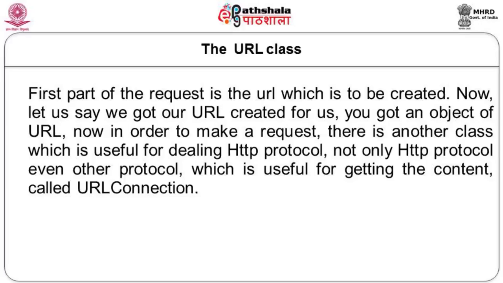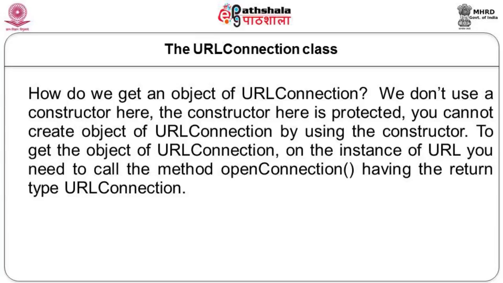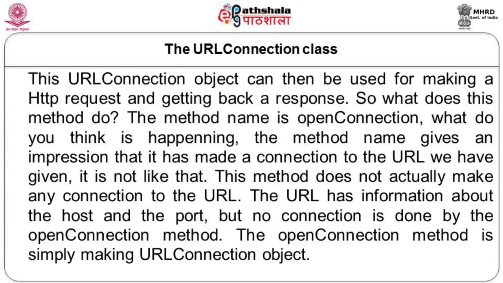You don't use the constructor here. The constructor is protected. You can't create an object of URLConnection by simply calling a constructor. To get an object of URLConnection, on a URL instance you have a method called openConnection. If you call the openConnection method, it would return us an object of URLConnection. This URLConnection object can then be used for making an HTTP request and getting back a response for our request.